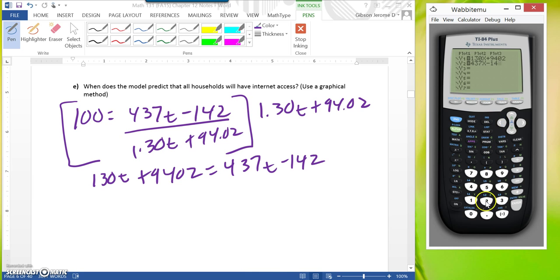Now we can graph this, and then we can do a zoom fit.